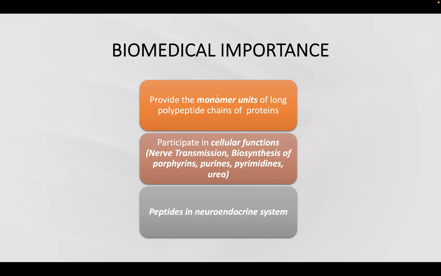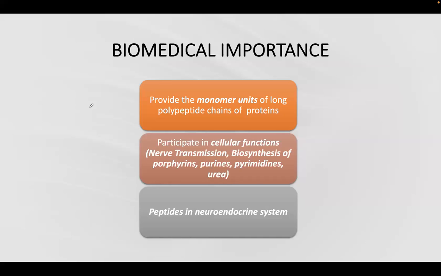Amino acids also participate in several cellular functions, particularly nerve transmission, or neuronal transmission, and the biosynthesis of important biochemical products such as porphyrins, which are essential for heme synthesis.